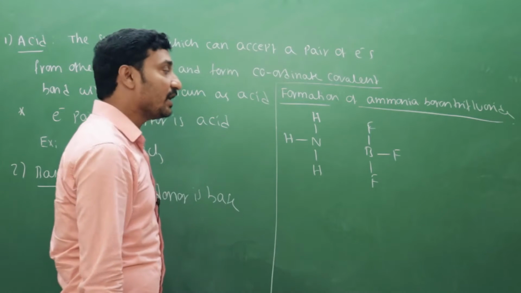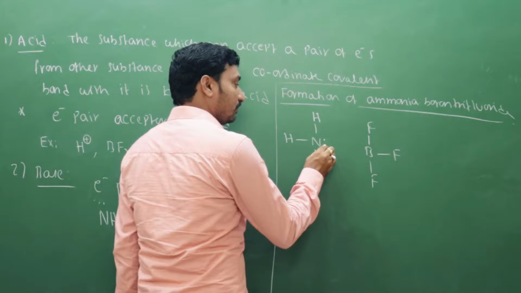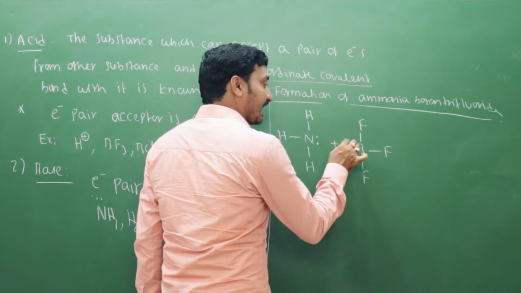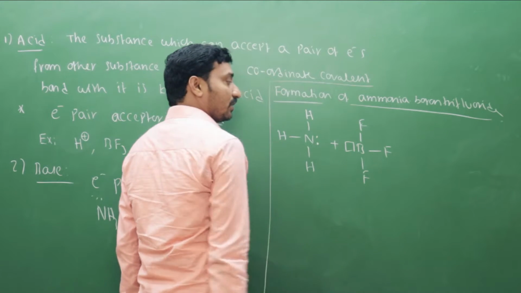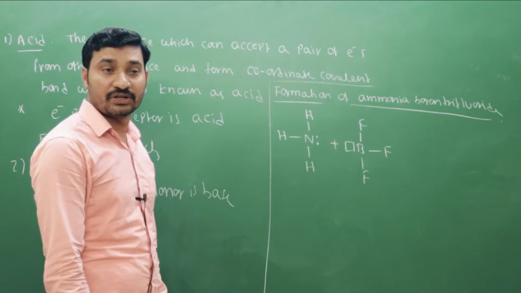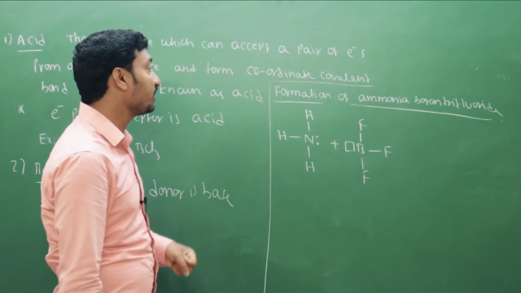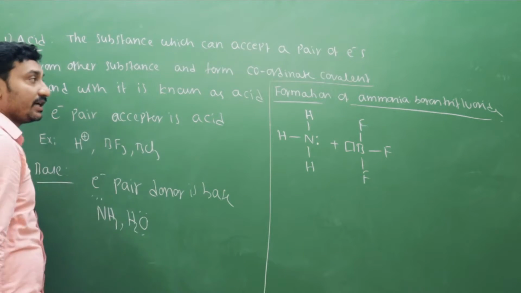You know, in ammonia there is a pair of electrons on nitrogen and there is a vacant orbital in boron in BF3. Now there is a chance for formation of a bond. What type of bond? Coordinate covalent bond.